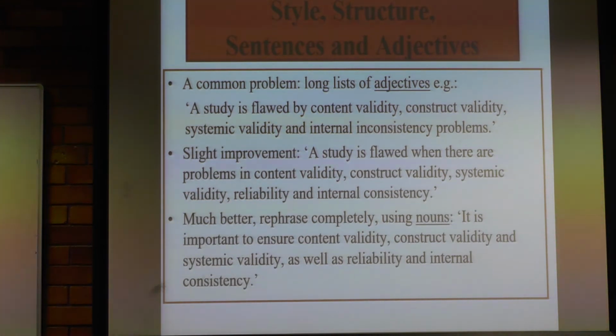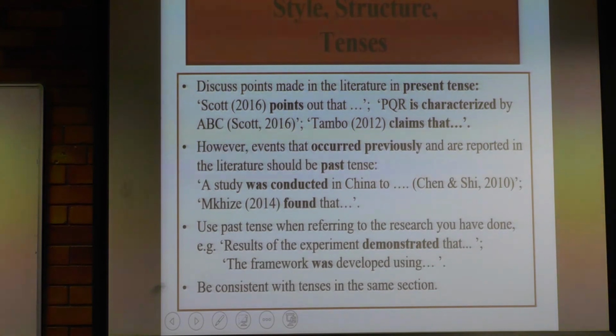Now, when you read that sentence, does sentence 3 make a bigger impact on you than sentence 1 or 2? Not sure. I think sentence 3 is much better than the first one. You can see the first is terrible. You really don't understand it. The second one is an improvement, but the third one, I have rephrased the whole thing in a completely different way.